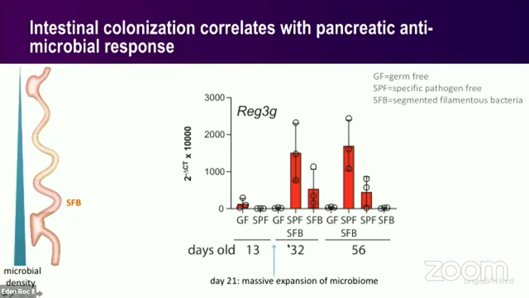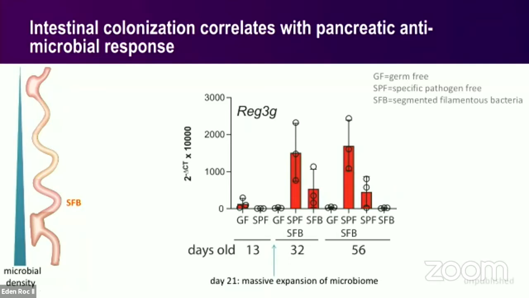If you add this very specific bacterium called segmented filamentous bacteria, SFB, which notably sits in the ileum, not in the duodenum, you increase this effect, and that persists. However, if you have SFB on its own, and that's a very interesting phenomenon, with monocolonization the effect wanes with time, both in the gut and also in the pancreas.